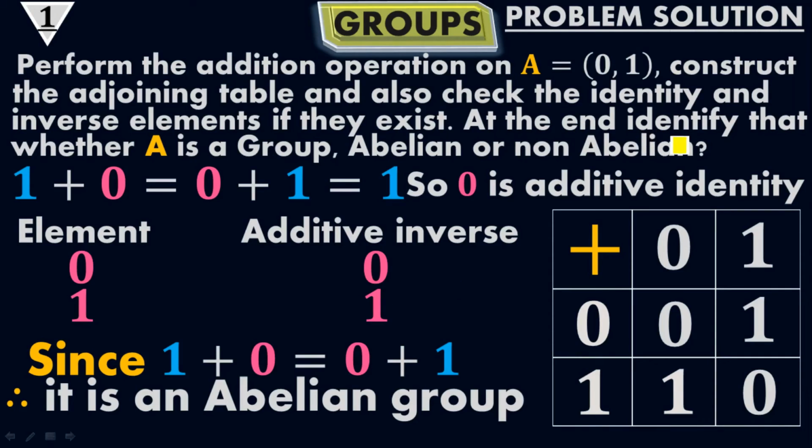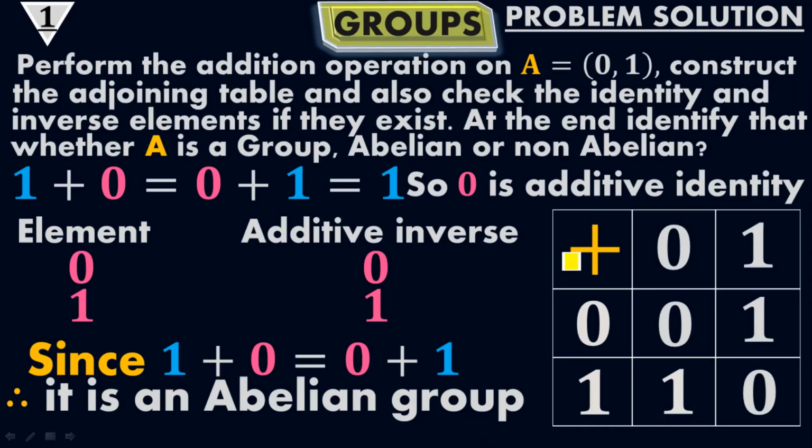Then finally at the end, we have identified that it is an abelian group. Because remember, it satisfies all the five laws: closure law of addition, associative law of addition, additive identity law, additive inverse law, and also commutative law. If you try, it will satisfy all five laws.